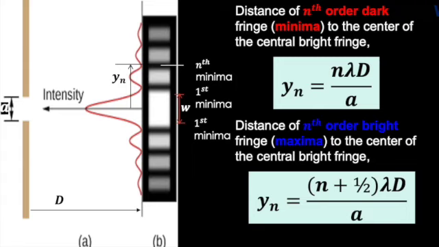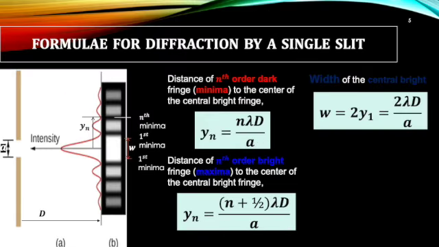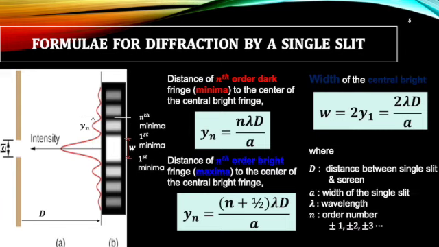The width of the central bright fringe, W, the yellow one in the diagram, is equal to 2y1, which is 2λD over a, where capital D is the distance between the single slit and the screen, a is the width of the single slit, λ is the wavelength, and n is the order number.